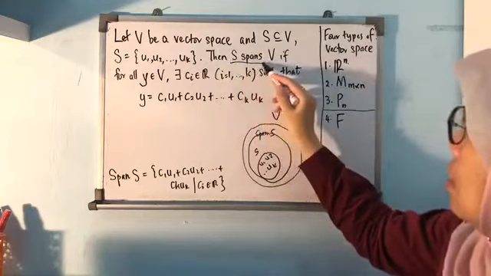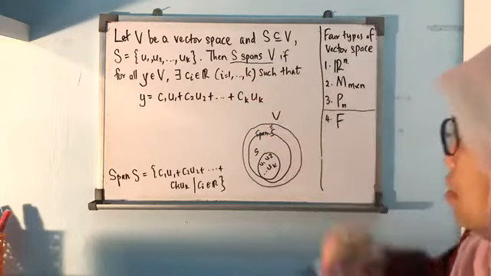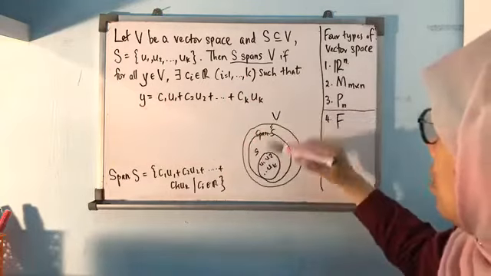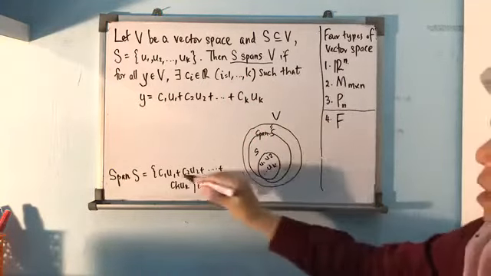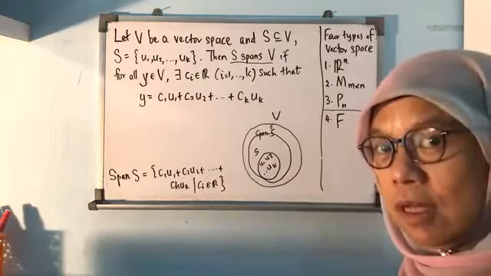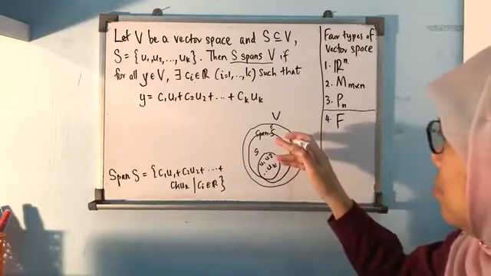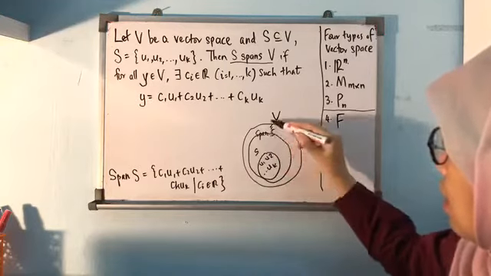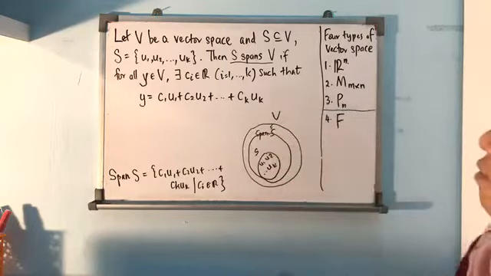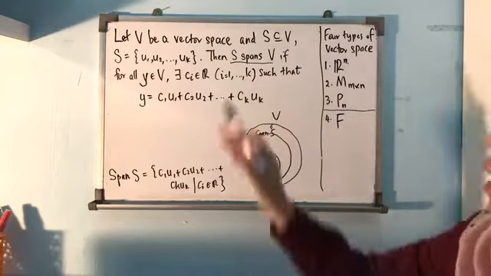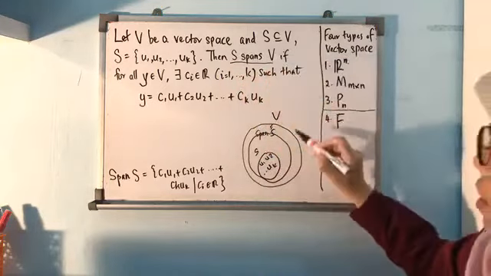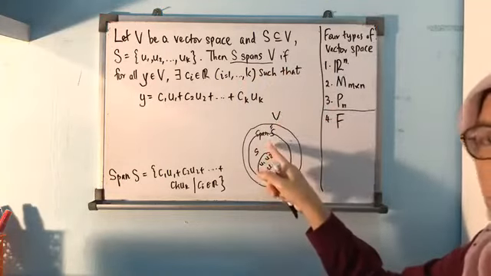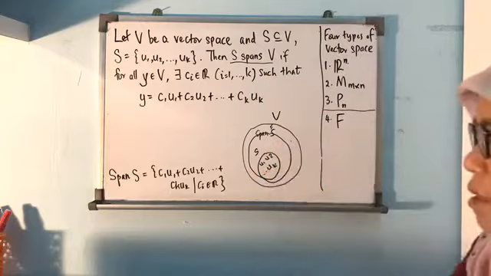So now S spans V, meaning they are equal, if any vector y in V can be written as this linear combination. Meaning you cannot find a vector in V that is not in span S, because they are equal; this span S is the whole V. S does not span V if you have one vector in V but not in span S. We have seen this before.